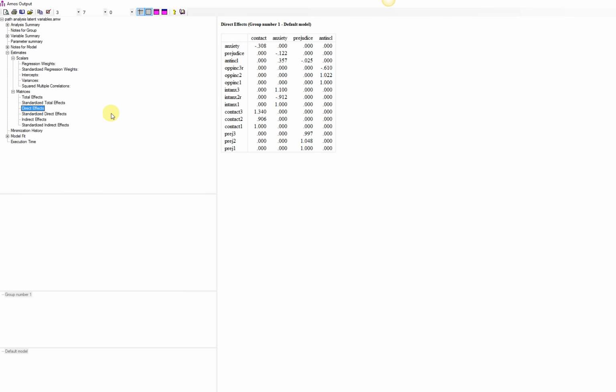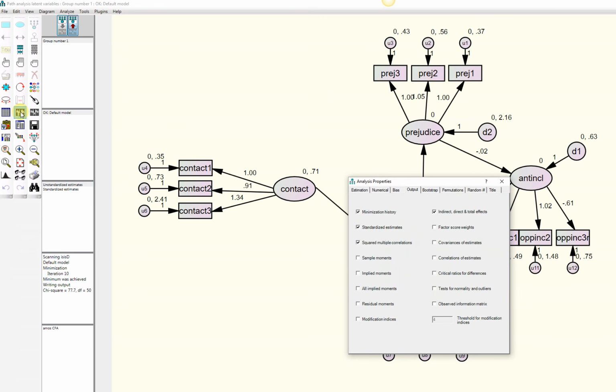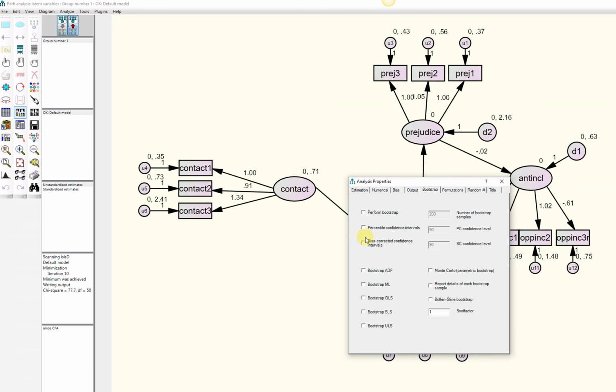Notice that you don't have any significance tests for these effects. That's because to generate those significance tests, we have to use bootstrapping, and to use bootstrapping in AMOS, we have to have a complete data set. So, if we go back and look under analysis properties, if we go to bootstrap, we could theoretically ask for confidence intervals that would be utilized in interpreting the indirect effects.